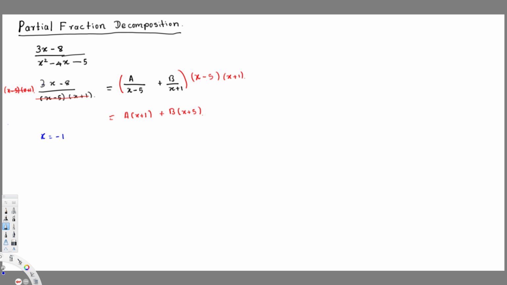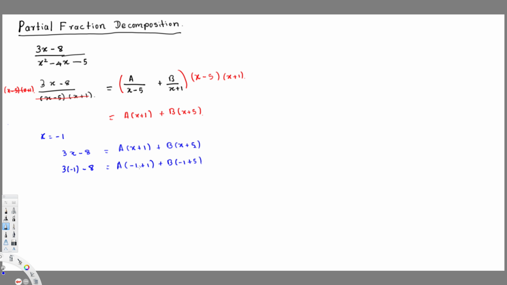So 3x minus 8 is going to be equal to A times x plus 1 plus B times x minus 5, and if I substitute -1 right here, this is going to be 3 times -1 minus 8 on one side, and on the other side A times -1 plus 1, plus B times -1 minus 5.